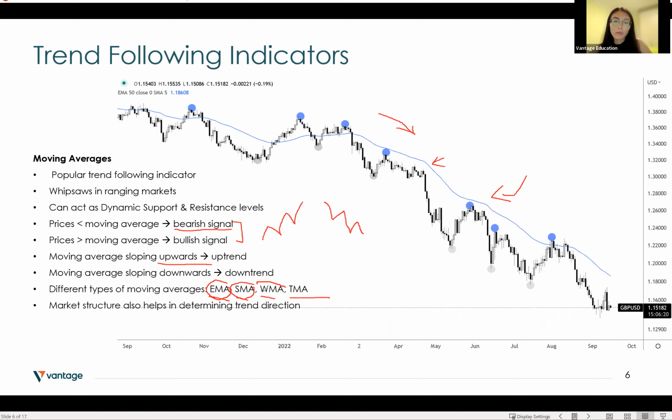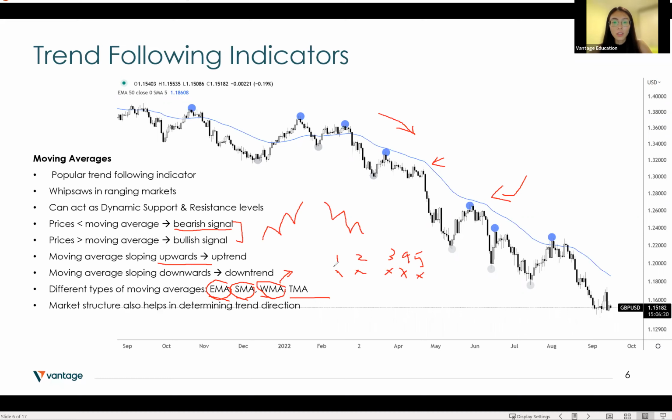For WMA, this is a weighted moving average. This gives specific weights depending on the period, so you can do, for example, a weightage of 2. Let's use a 5-day moving average: day 1, day 2, day 3, day 4, and day 5, assuming you have different prices in each day.